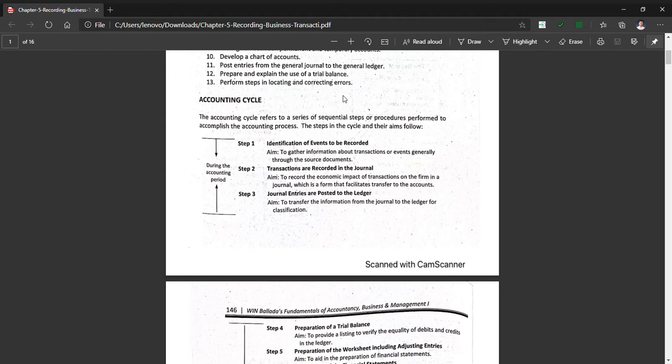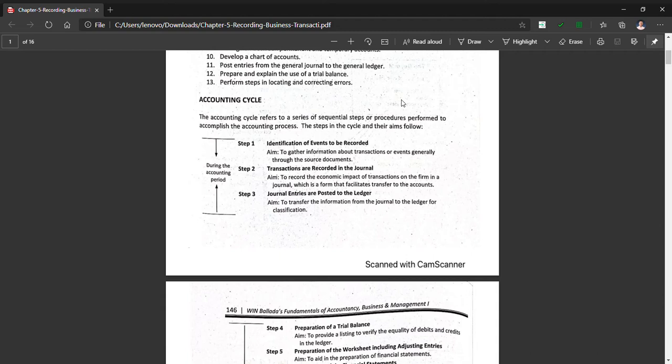Okay, so the accounting cycle refers to a series of sequential steps or procedures performed to accomplish the accounting process. Okay, so throughout the period of the business, right? Kailangan mong i-account ang mga transactions, right? Ang goal nga ng accounting is to provide information to users.